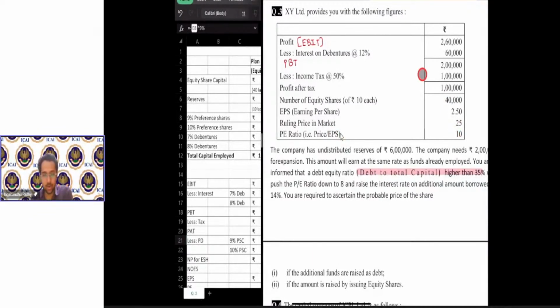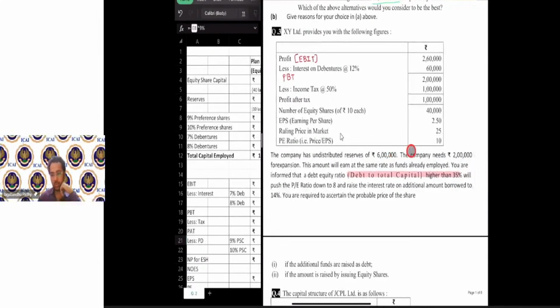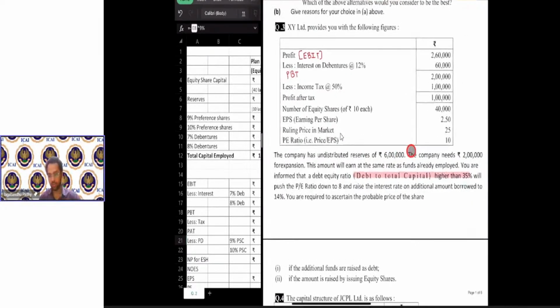So currently we have these figures: EBIT, interest, PBT, till your PE ratio. Company has undistributed reserves of 6 lakh. So as of now, the company is having undistributed reserves of 6 lakh. Company needs 2 lakh for expansion.